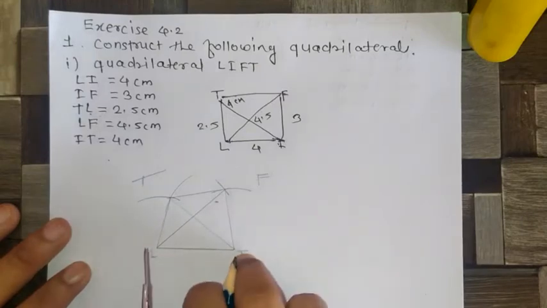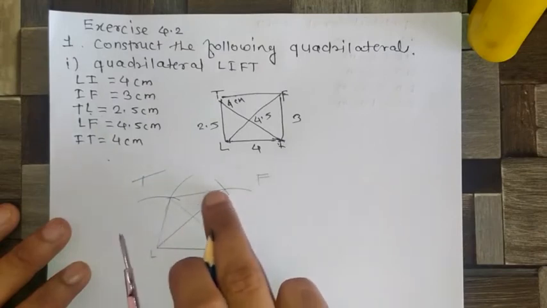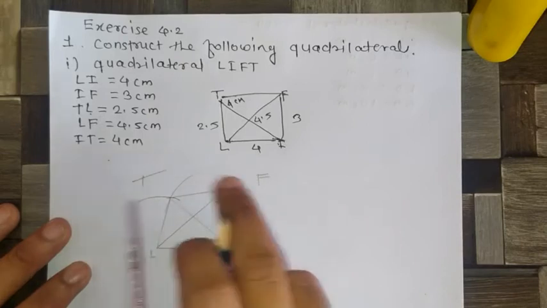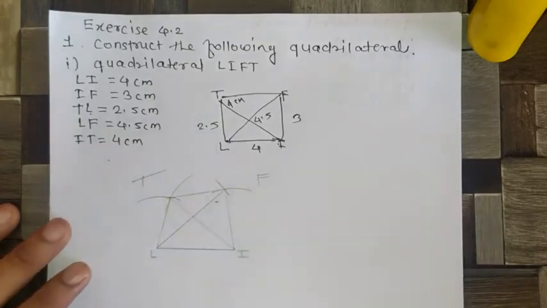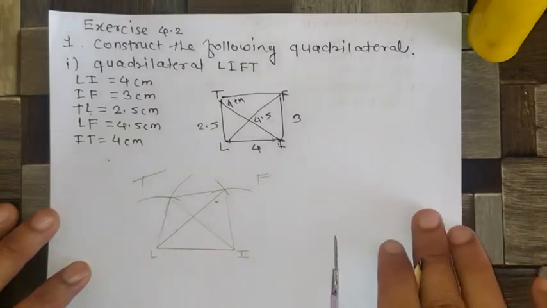Then take I as a center with radius 3 centimeter and draw the arc. Same kind of statement you write in others also, and once you get that, you have to join the particular side. Such statements you have to write in the steps of a quadrilateral. So now we are going into the second part of exercise 4.2.